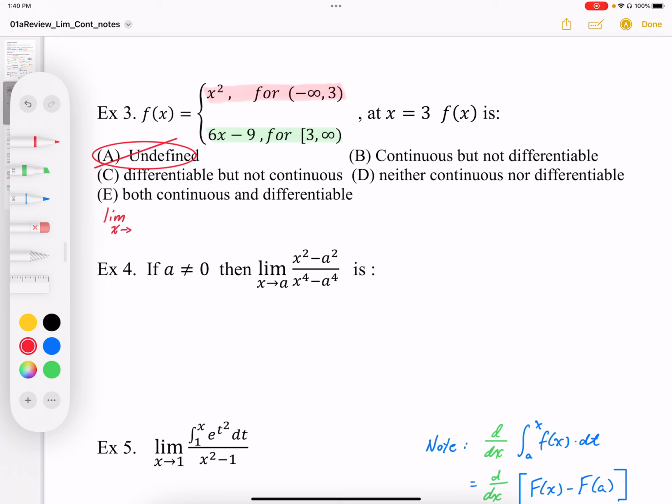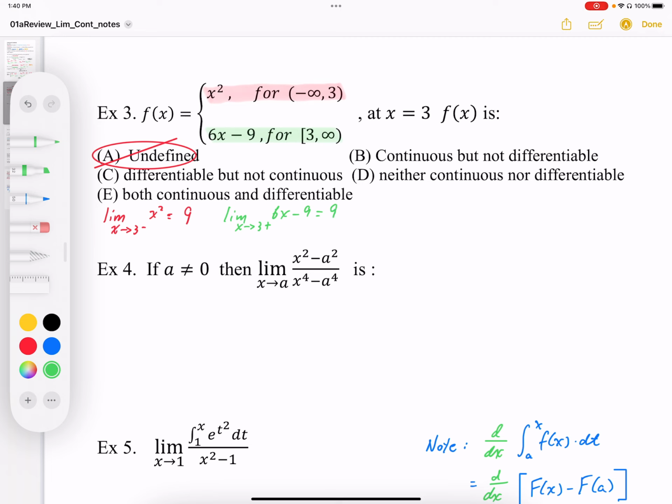So the limit as x approaches 3 from the negative side of x squared is equal to 9. On the right side, the limit as x approaches 3 from the positive side of 6x minus 9 is 18 minus 9, which is 9.